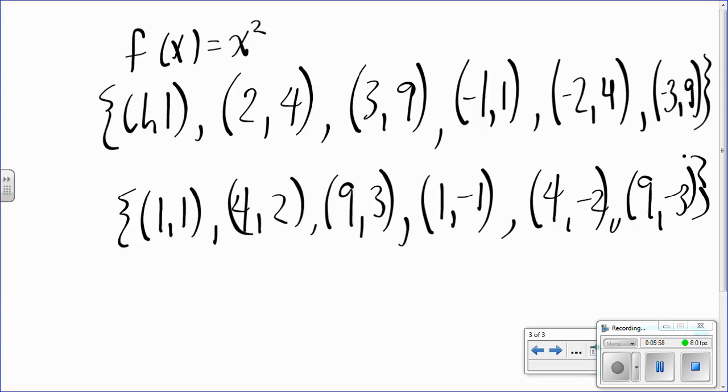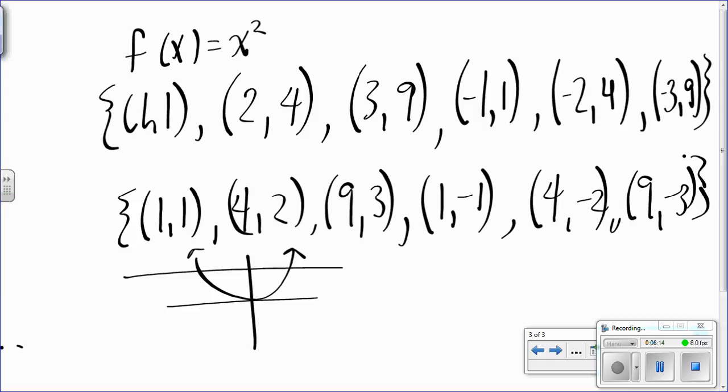If you graph a parabola, y equals x squared, it passes the vertical line test, but it fails what we call the horizontal line test. Because it fails that horizontal line test, that means it's not one-to-one.